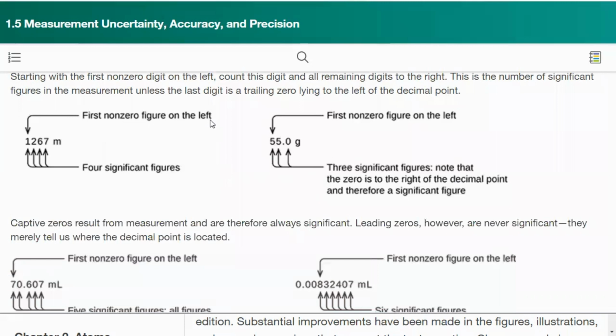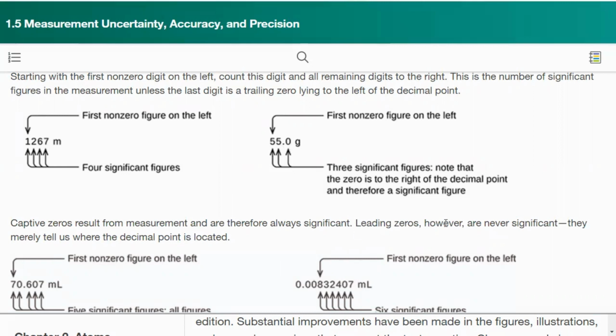Okay, first non-zero figure on the left, and so this is 4 significant figures, 1, 2, 6, 7, and measurement is in meters. This one is first non-zero figure on the left, and then a trailing zero on the right. Okay, I should point out something.